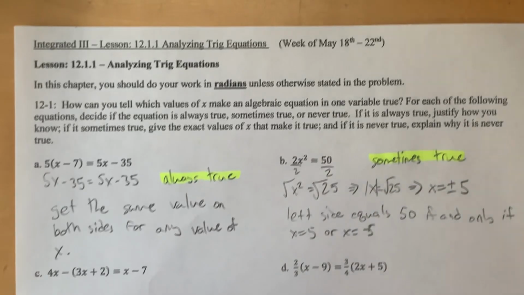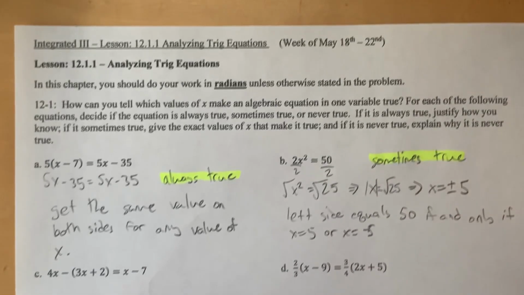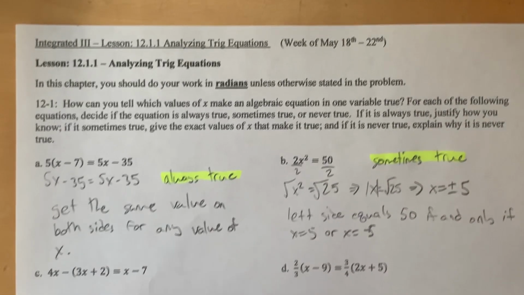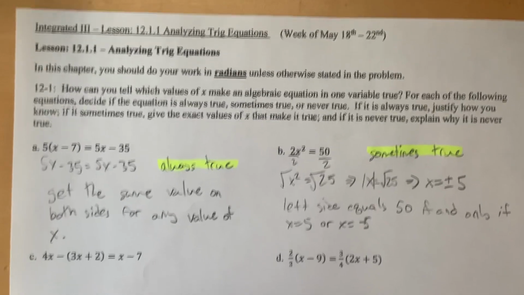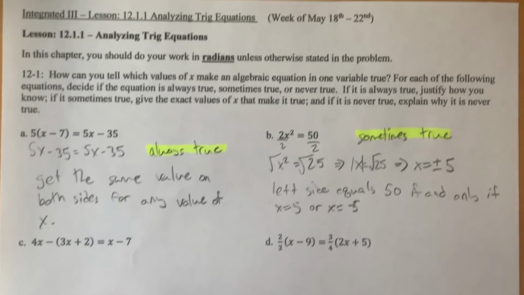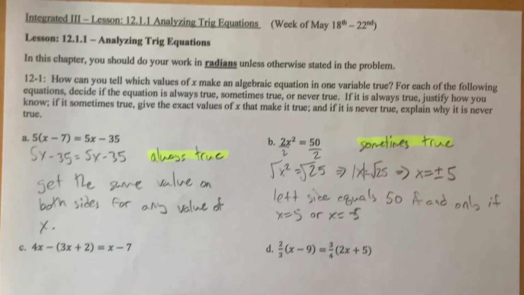I'm using the term if and only if because that is another mathematical way of saying it only has 2 answers. You can use if and only if x equals 3 or whatever your answer may be, but that's how you share your answer in the mathematical sense. And get yourself used to writing like that. Very important.